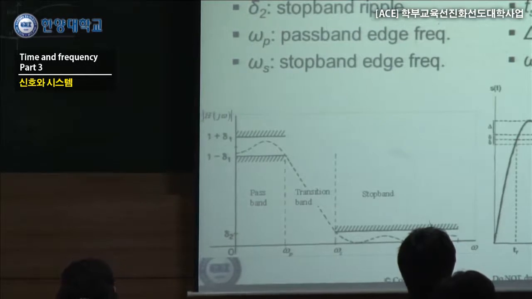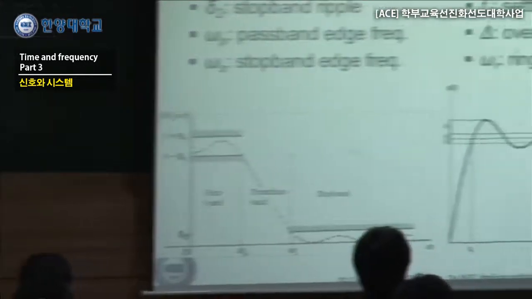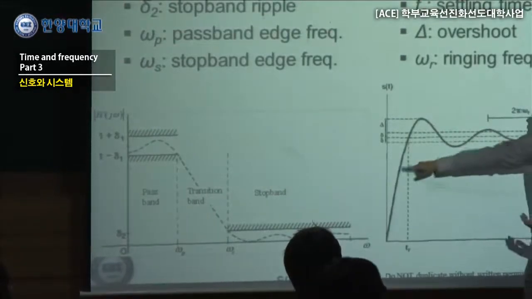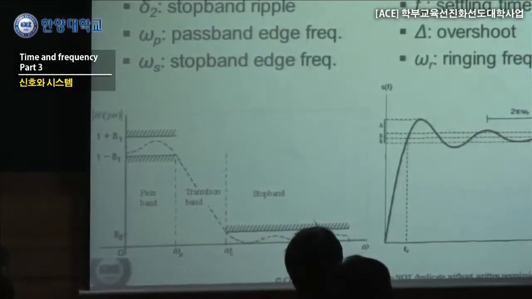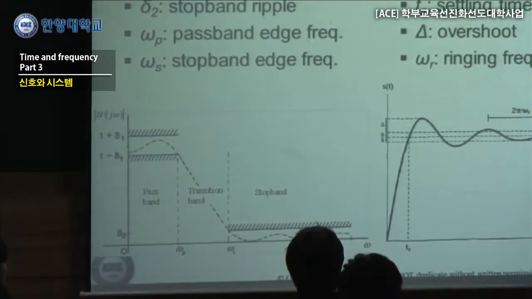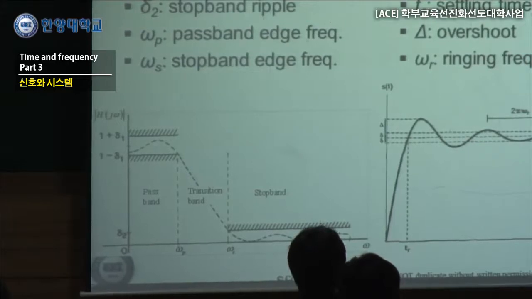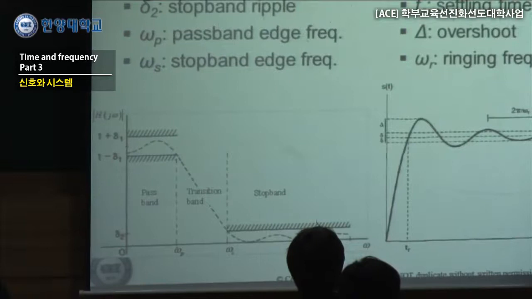Of course, the ringing is not continuously the same. If there's damping, it slowly goes down until they settle. The first time they get within our defined value, we call that settling time.